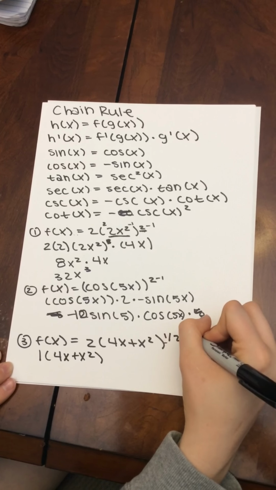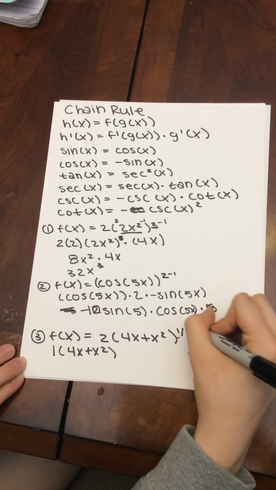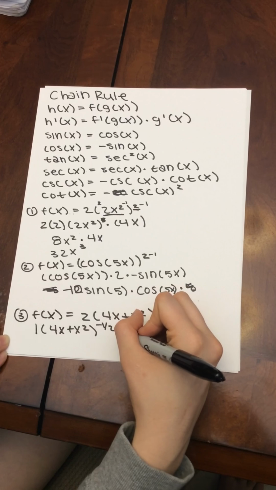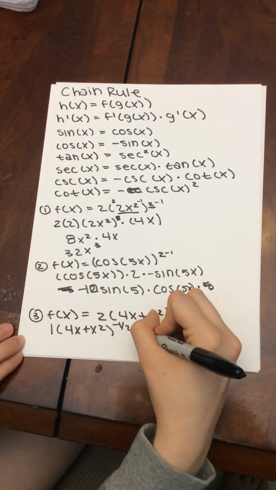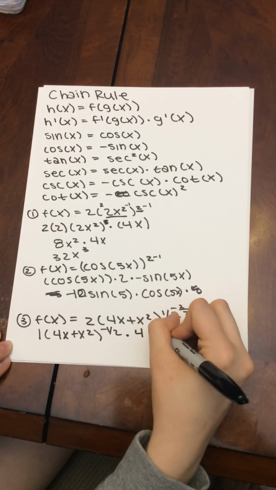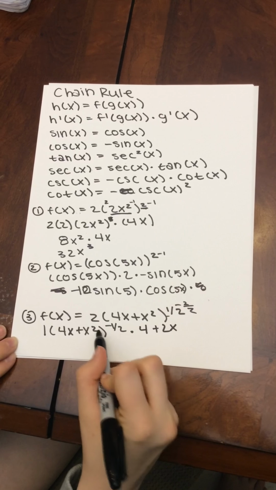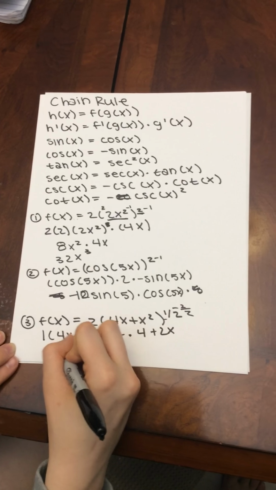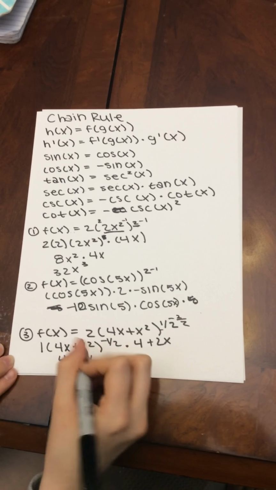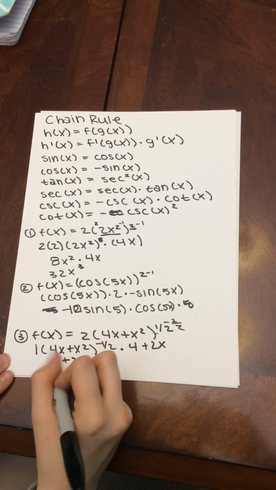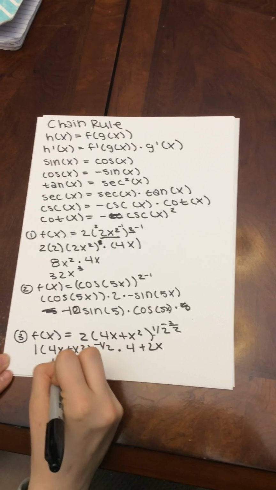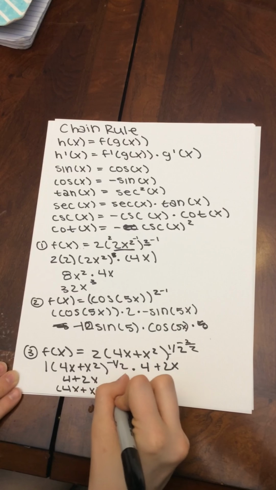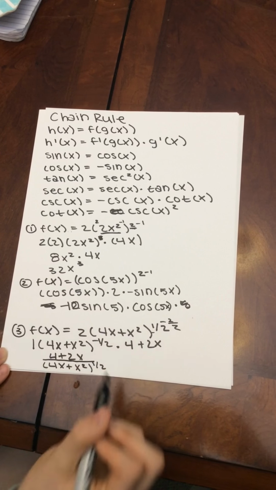And then 1/2 minus 1, which is 2 over 2, gives you negative 1/2. And then you multiply that by 4 plus 2x. Since this is a negative, we're going to move it to the bottom. So we're going to have 4 plus 2x over (4x plus x squared) to the power of 1/2. And that'll be your answer.